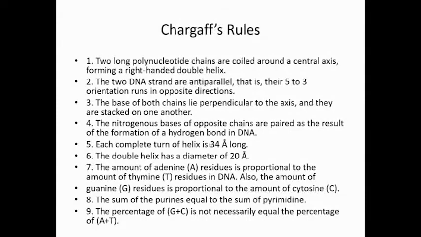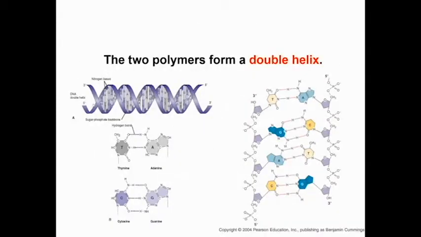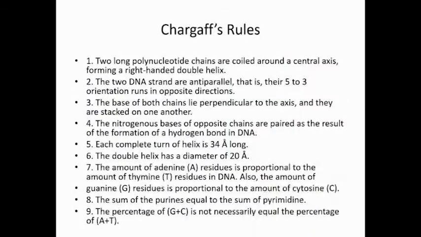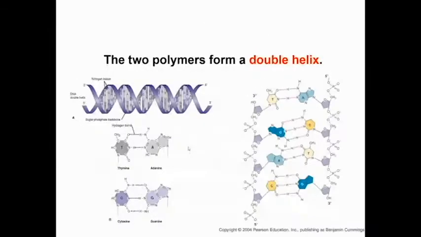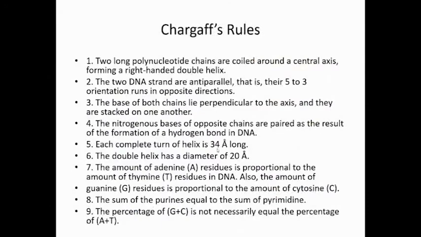So each base pair is 3.4 angstrom, 10 base pairs are 34 angstrom long, and the diameter is 20 angstrom, which is 2 nanometer, from here to here. That's called the diameter.